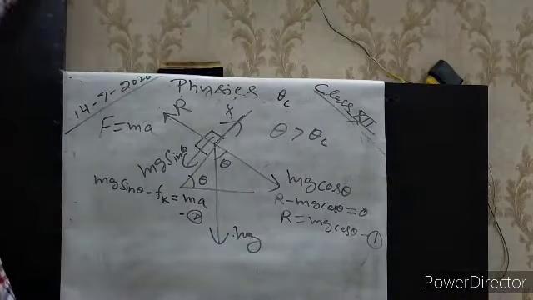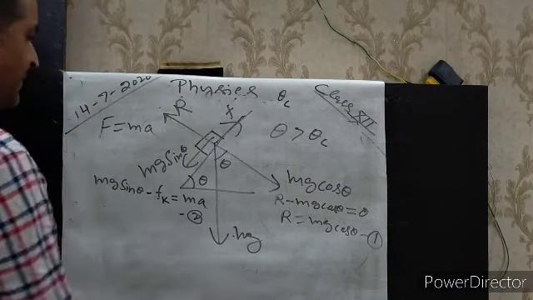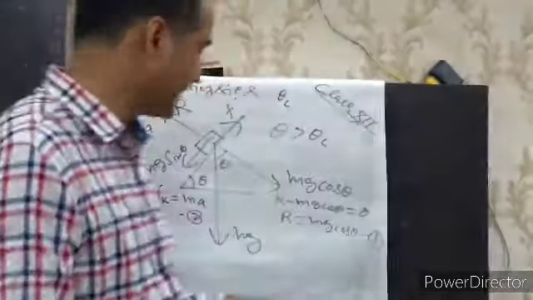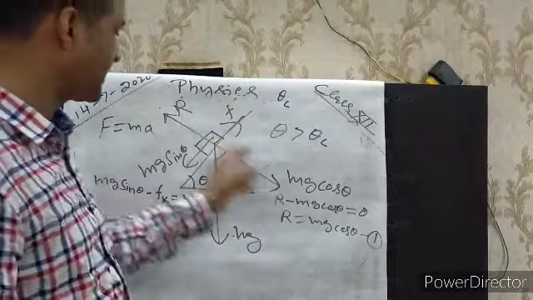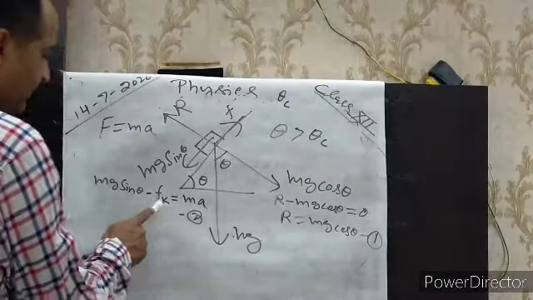Okay. Now Fk we will write as mu k R. What you have to do in all cases, you will take this direction and the perpendicular direction. From the perpendicular direction you will find out R. And then here, what is Fk?